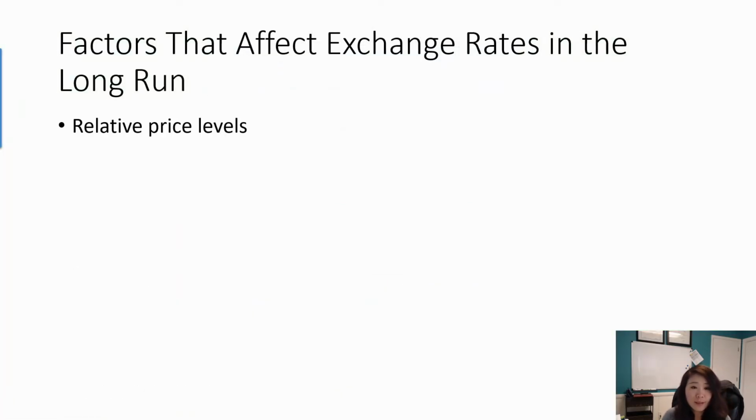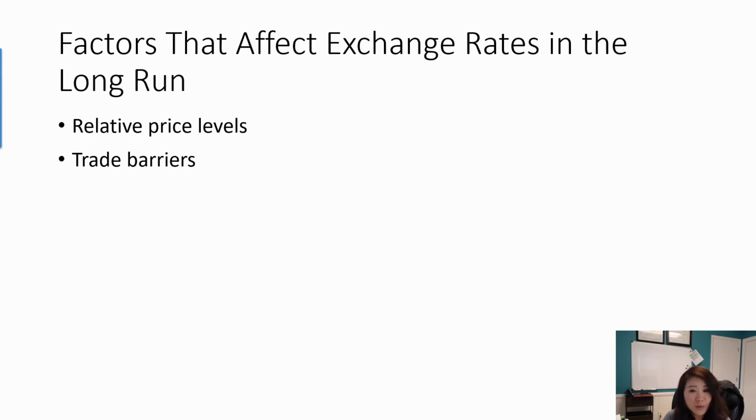First, the factor that affects the long-term exchange rate is the relative price level we just discussed. The relative price level between the UK and US is a good example. When the domestic price level goes up, your domestic currency will depreciate, but the foreign currency will appreciate. How about trade barriers?